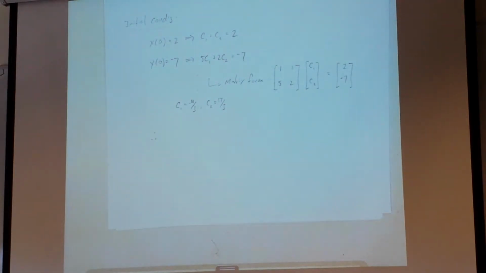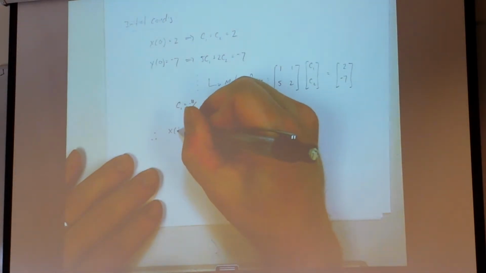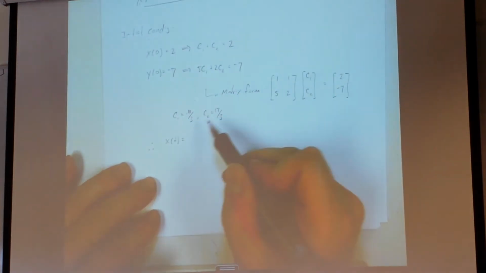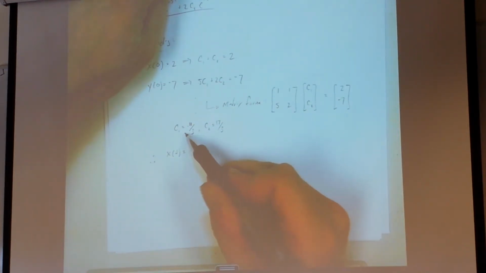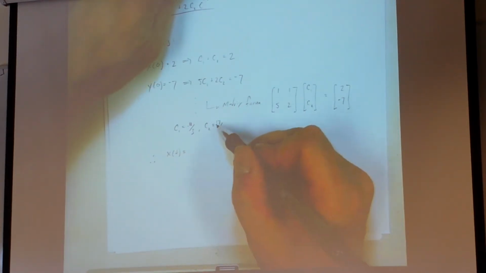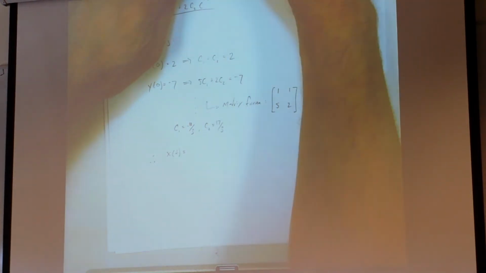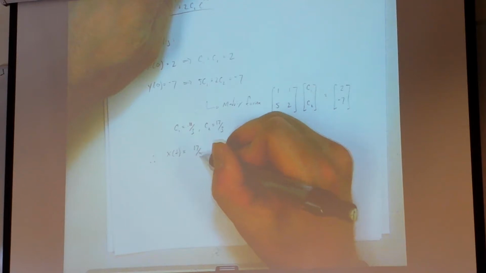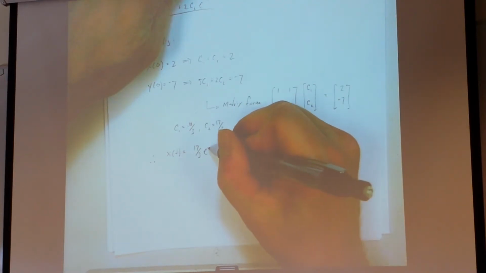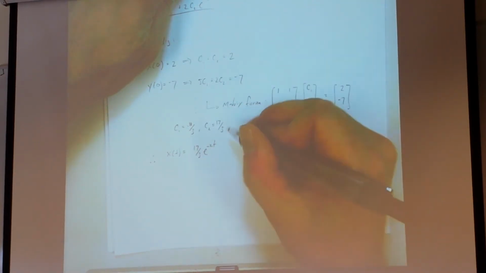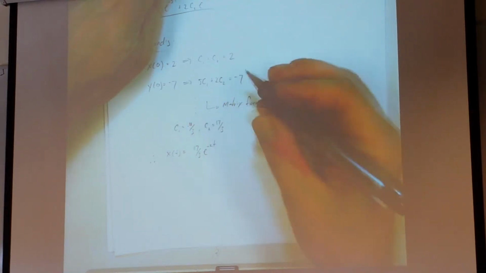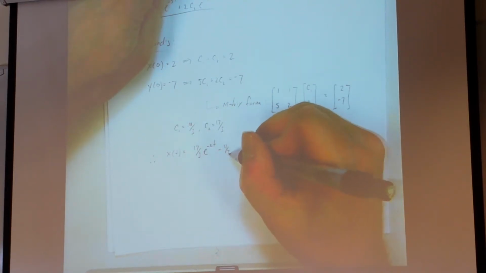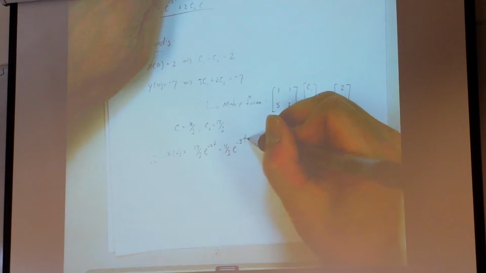So our solutions, this is a pair of functions, x of t with these constants. C1 is -11/3. I'm going to write it in reverse. I don't like negatives hanging out front, just me. So I'm going to write the 17/3 out front. 17/3 e to the -2t minus 11/3 e to the -5t.